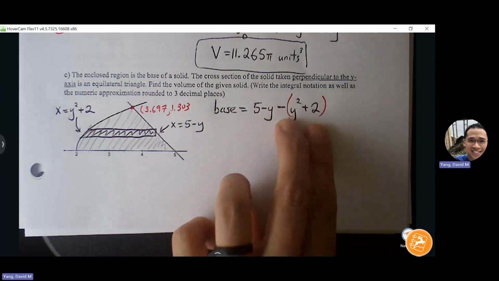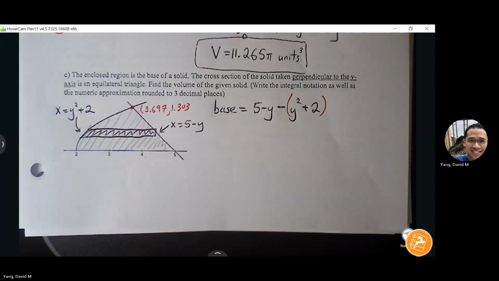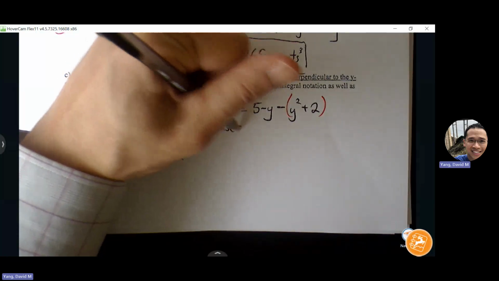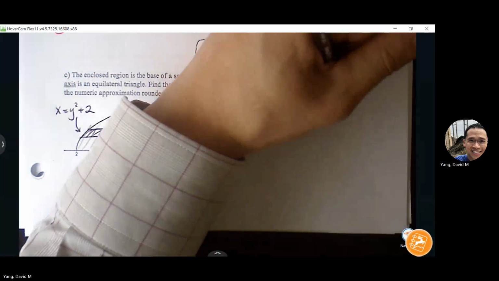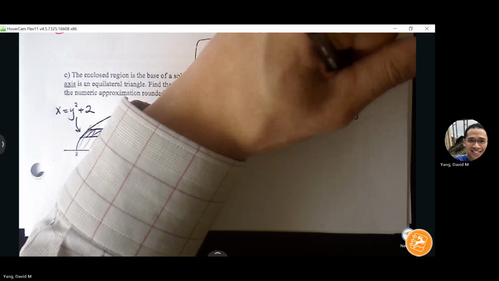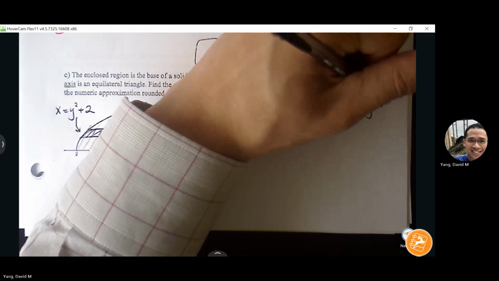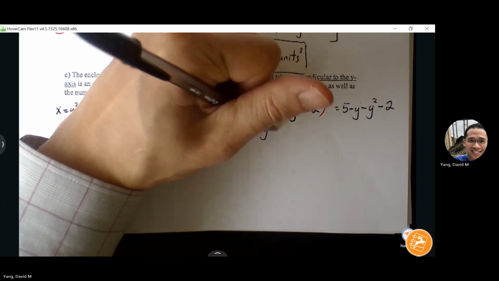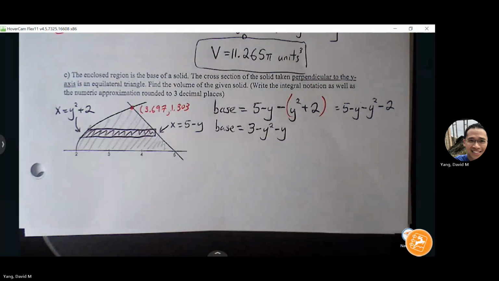Otherwise, the negative won't distribute through correctly. All right, let me clean that up a little bit, so there are fewer things to plug into the calculator. All right, so I have my base length.